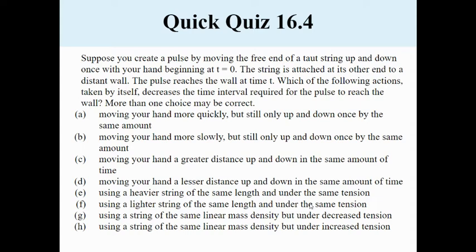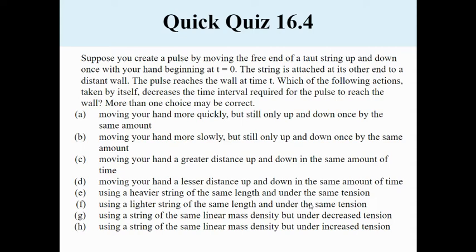So A will create fast, high frequency waves, but the wave speed will not change because the rope is not changing. Is it rope? Oh, it's a taut string.